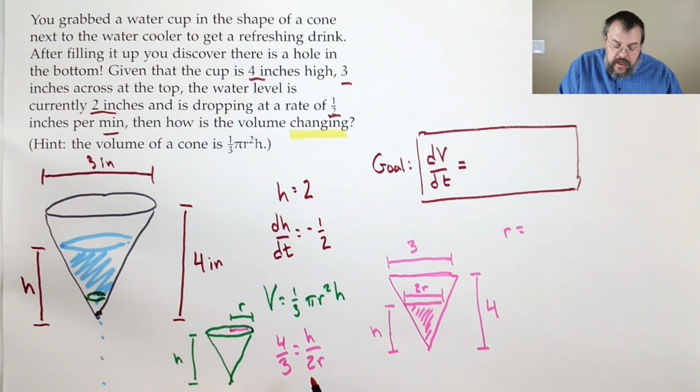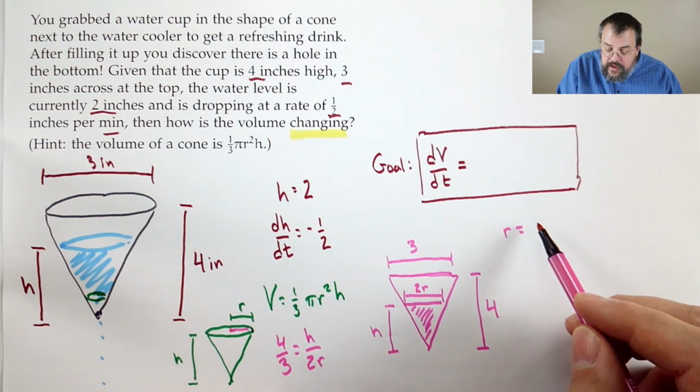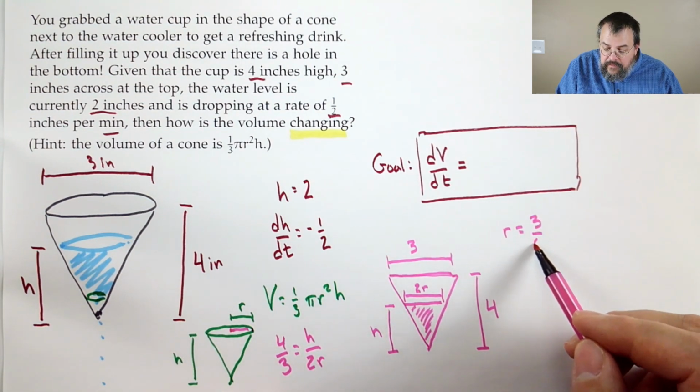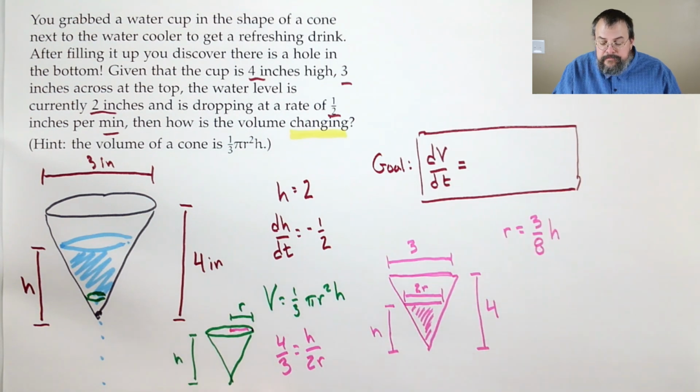So r would be equal to what? Well, multiply both sides by 3/4. You get 3/8 times the height. So if I know the height of the water, how far up and down the water is, then I know the radius.